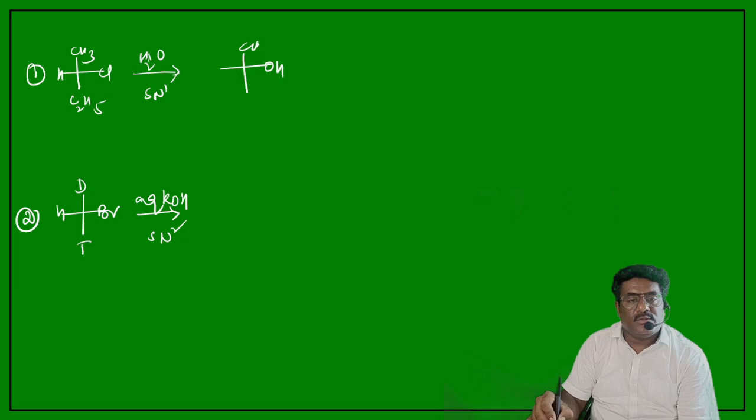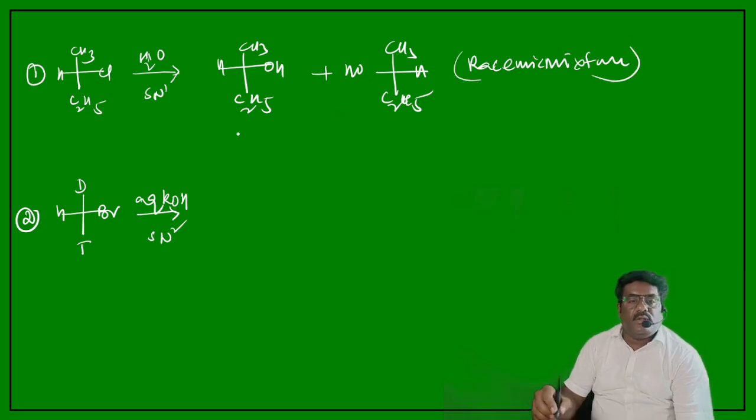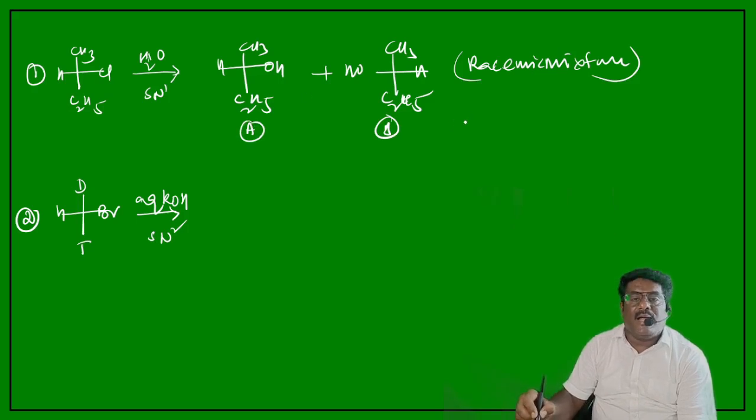OH, CH3, H, C2H5 plus HOH. It gives a racemic mixture. This is A, this is B. A and B are enantiomers.